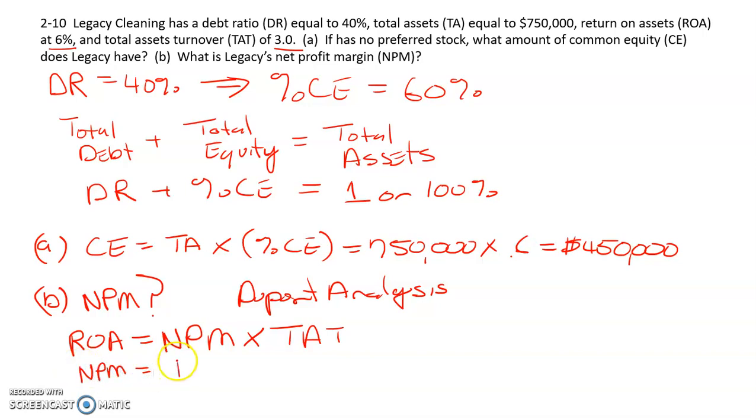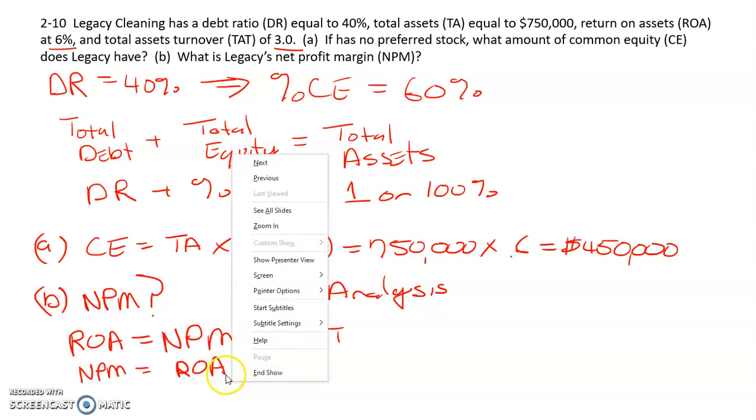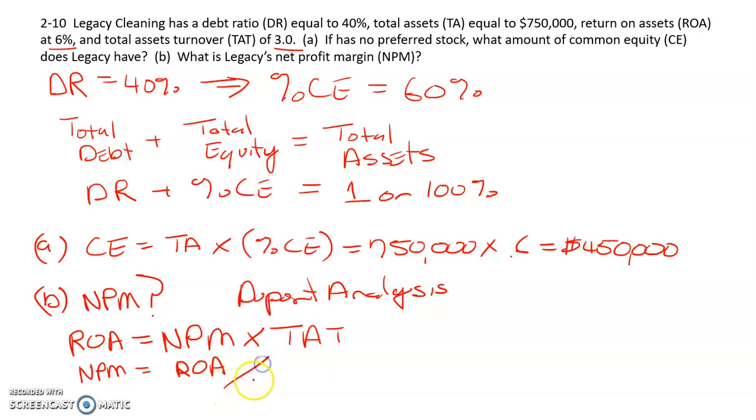Net profit margin is equal to ROA divided by total asset turnover. So 0.06 divided by 3 is 0.02, or 2%.